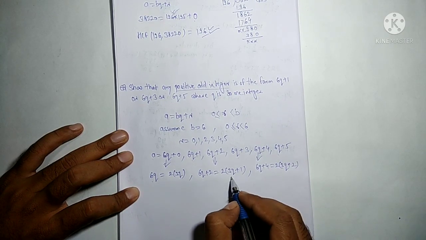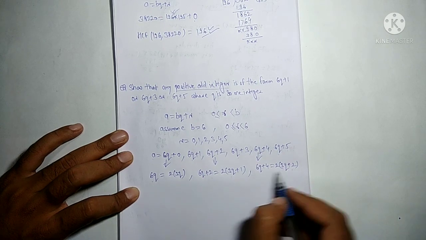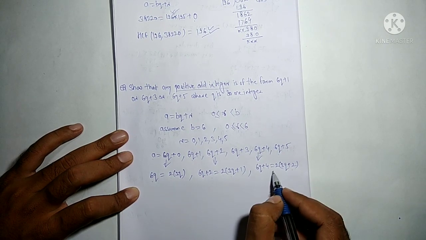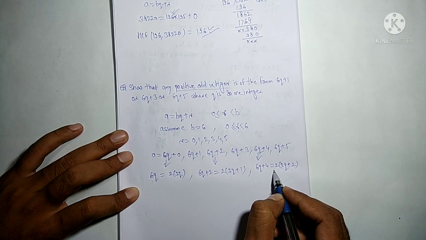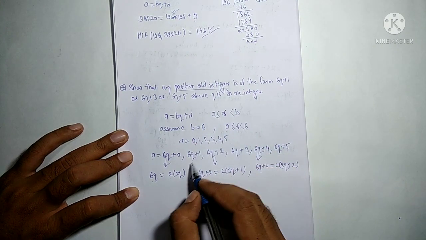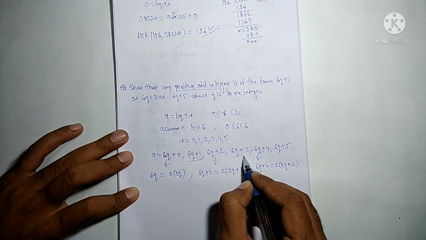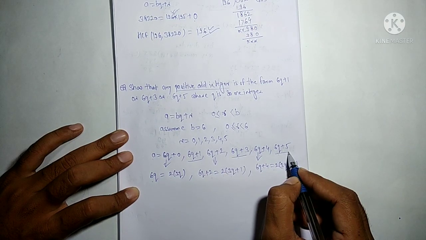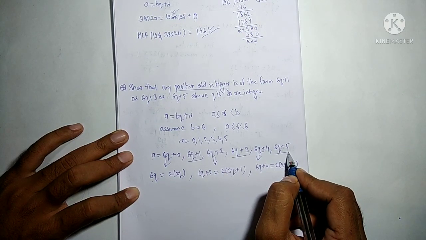Okay, all three numbers are divisible by 2, so it cannot be an odd integer. So the remaining numbers are 6q plus 1, 6q plus 3, 6q plus 5. These are odd.